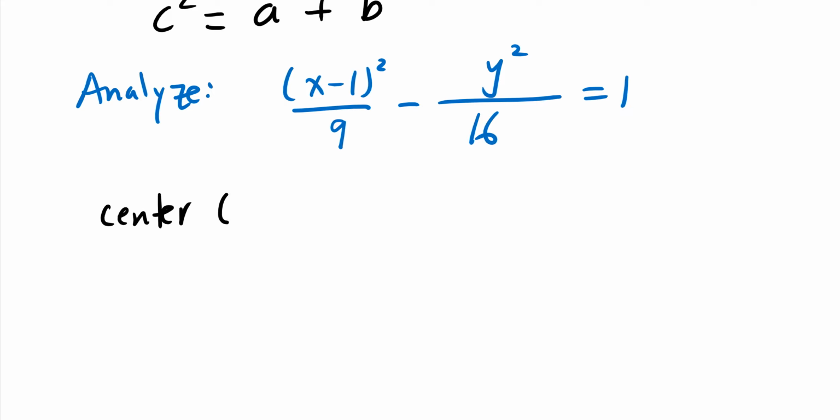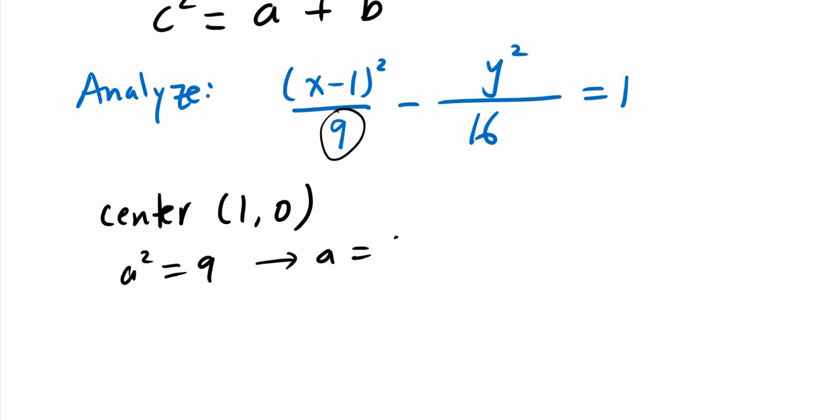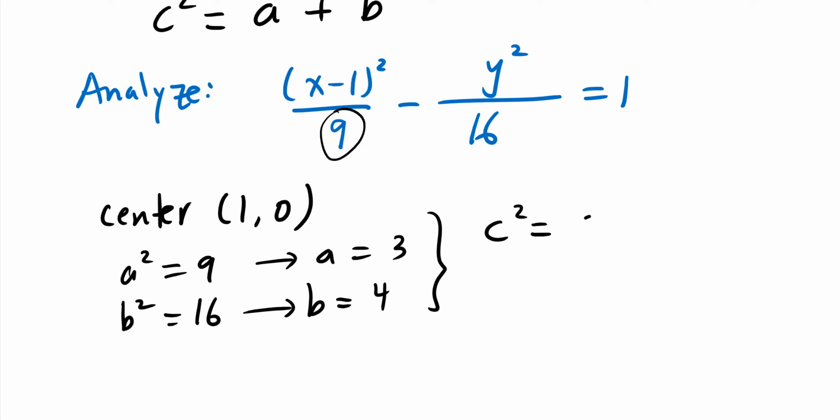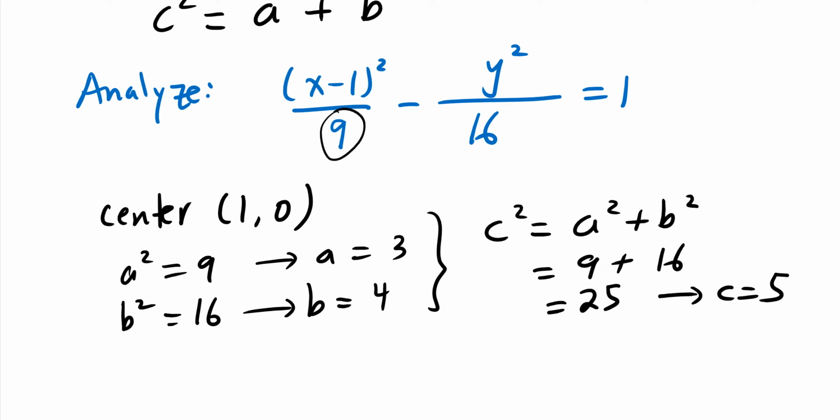The center has coordinates (1, 0). The first number is always a squared, from here we can find a. The next number is always b squared, from here we can find b. From these two I'm going to find c. C squared is a squared plus b squared. A squared is 9, b squared is 16, that's 25. So c is 5.